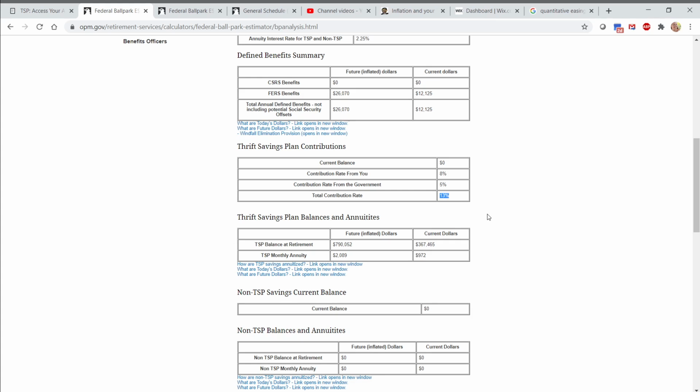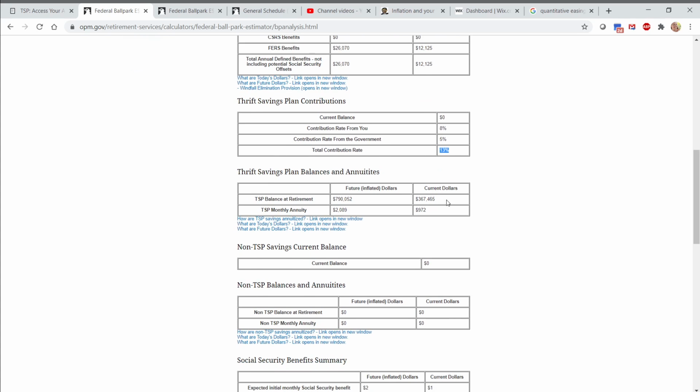So in all, you'll be giving 13%. If you give 13% instead of 10% to your TSP, you'll have 367,000 instead of previously, I think it was 240,000. So it makes a big difference on how much you contribute. The most I was contributing at one point was about 25%, which is a lot.